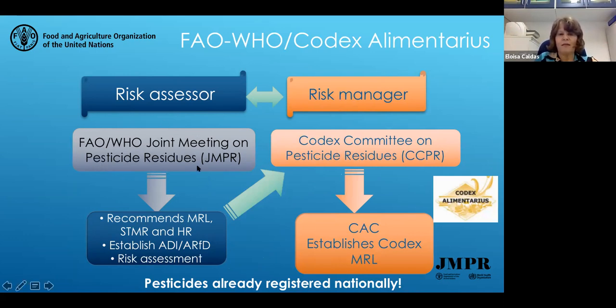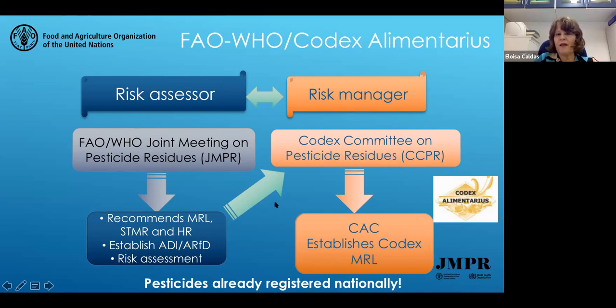So again, the JMPR recommends MRLs, STMR and HR, establishes ADI, and conducts the risk assessment. The CCPR accepts our recommendation, and then the recommendations are adopted at the CAC. This whole process has been very accelerated since 2007.